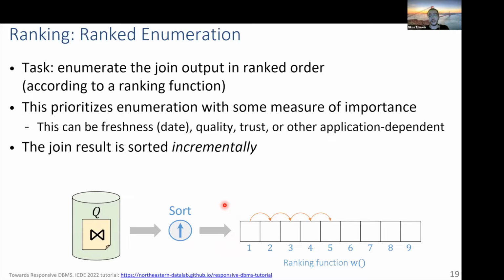So we want to prioritize the query answers that are more important. And this measure of importance can be application dependent. So it can be, for example, how recent a tuple is, or some measure of quality. So you can think of this ranked enumeration essentially as an incremental sorting of the join output.